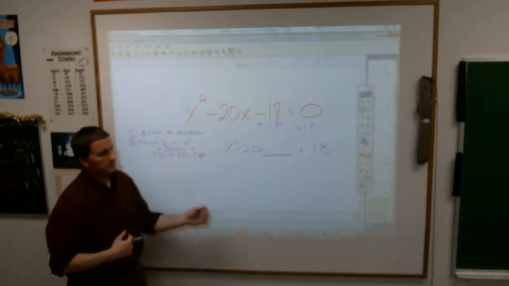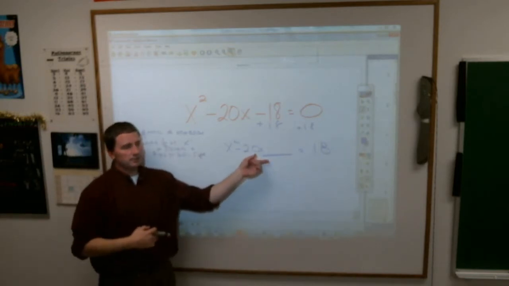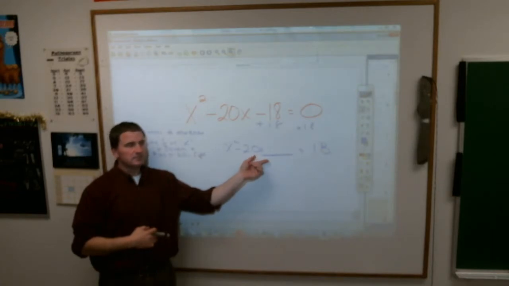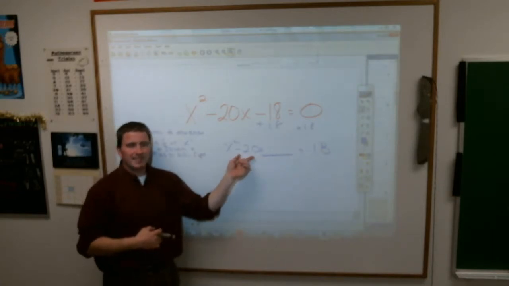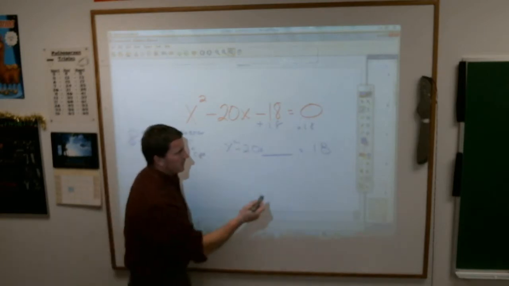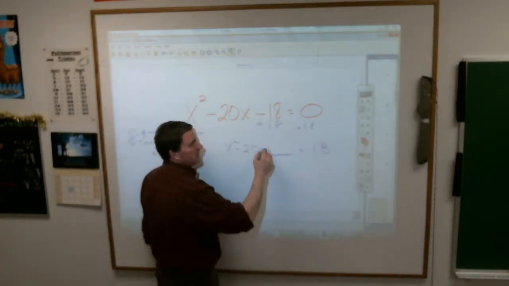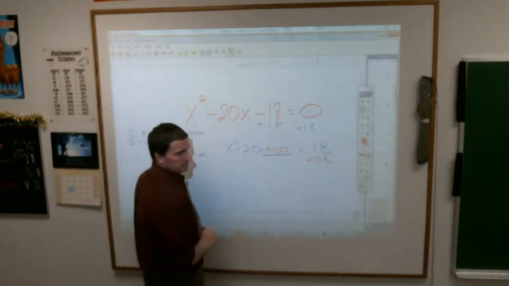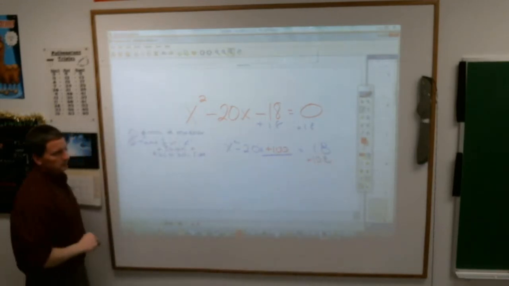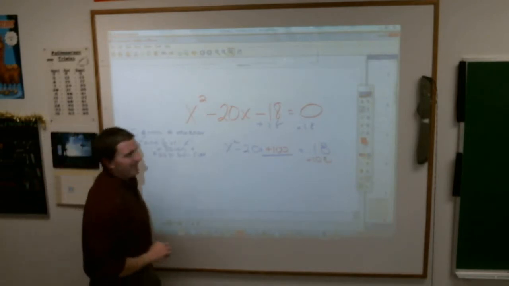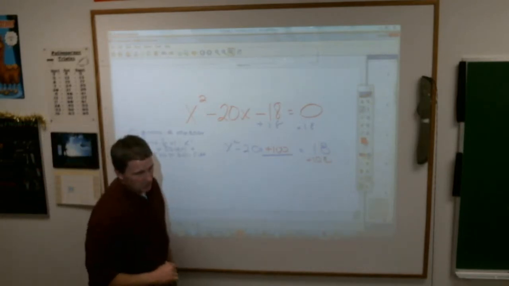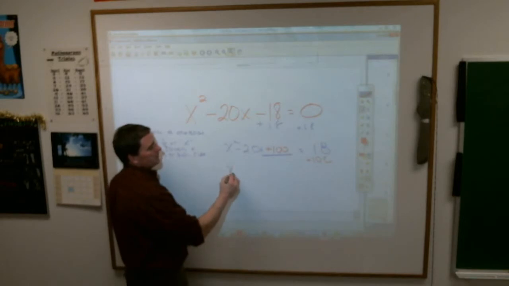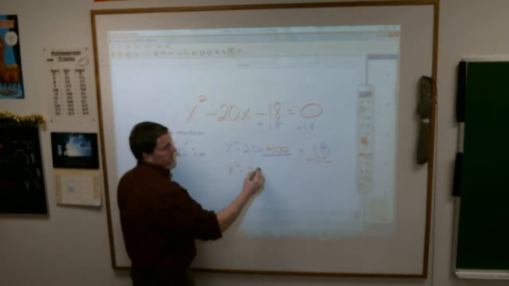Half of the x term, it's half of -20. 10. And what is -10 times -10? 100. So I add 100 to both sides. I'm adding to both sides. So my new equation is this.